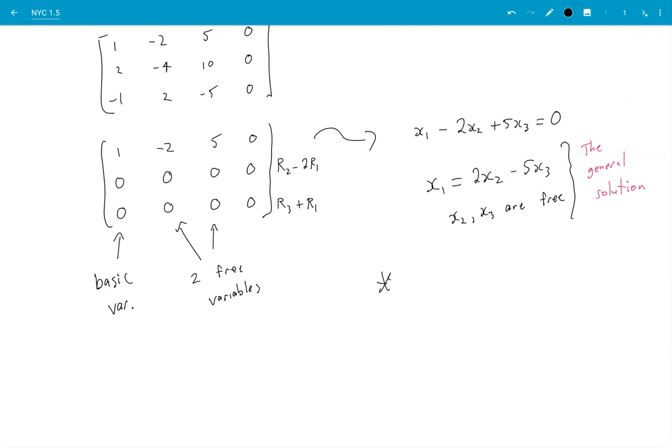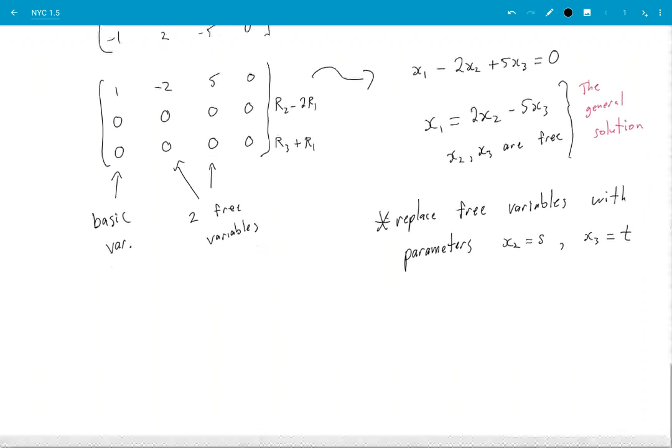So we're going to take this a bit further, and replace free variables with parameters, like above where I had s and t. We'll say x2 is s. It doesn't really matter. x2 is s, x3 is t. And what do you get?